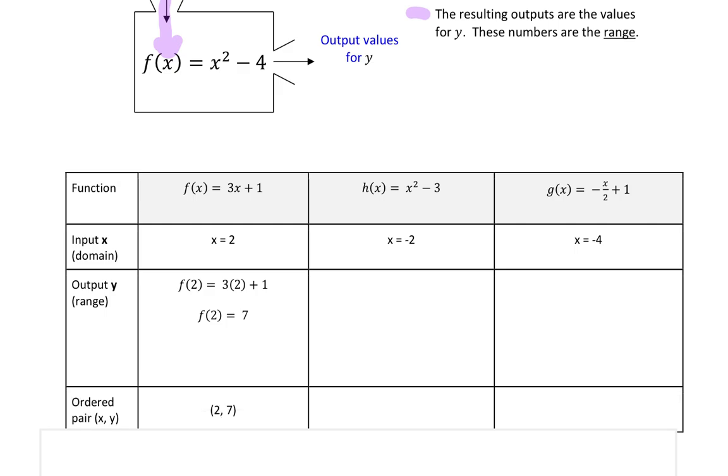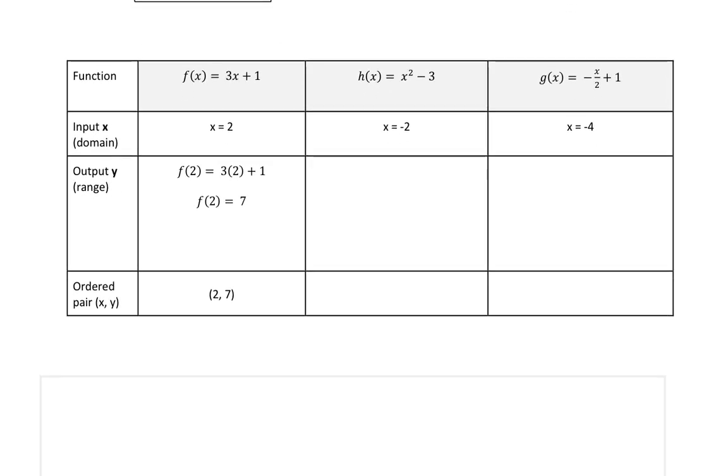So let's look at some notation practice. In this table here, we are given a function. We're told what the input is. We're then going to replace this x with the value of 2. So this 2 replaced the x because it was f of x.